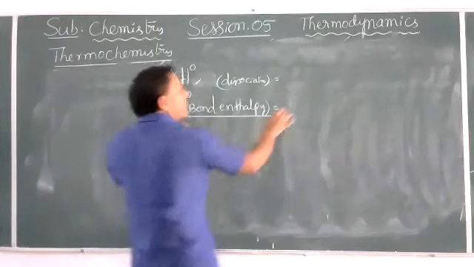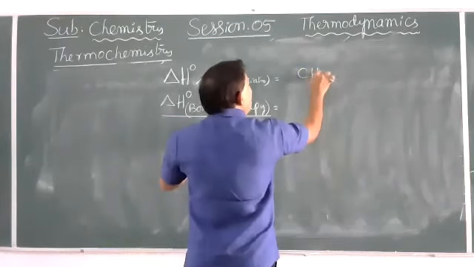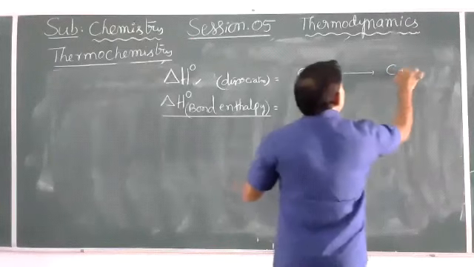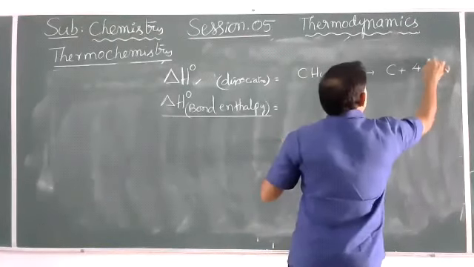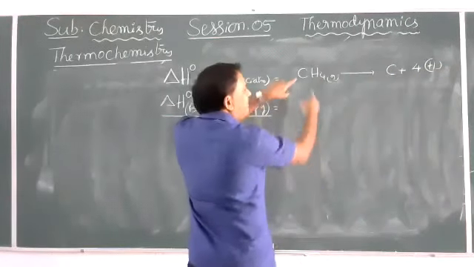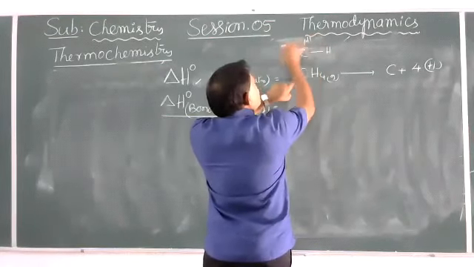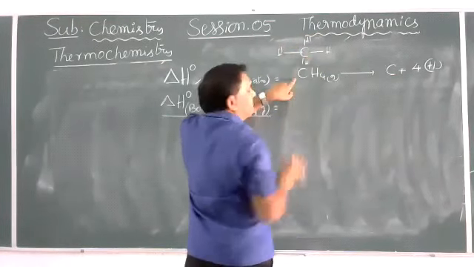For example, here CH4, a gas, is converted into carbon plus 4 hydrogen atoms. See here, around carbon, how many bonds are there? 4 covalent bonds, carbon and hydrogen.